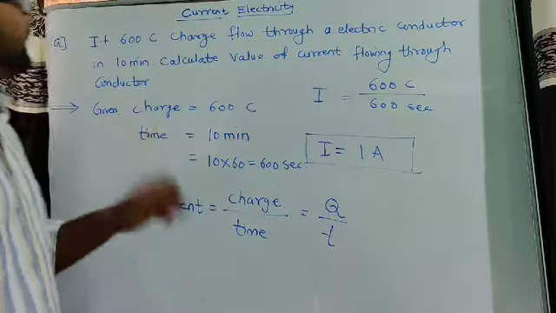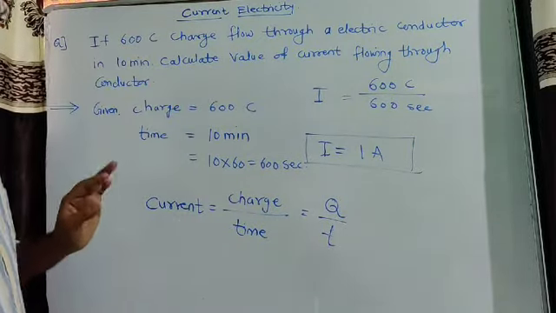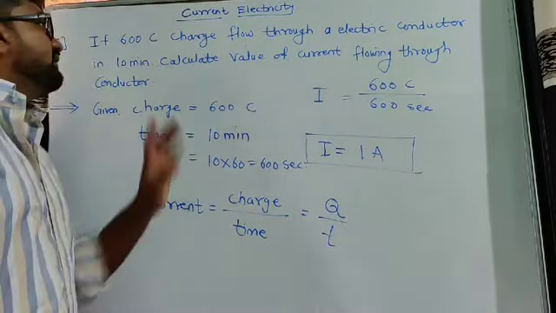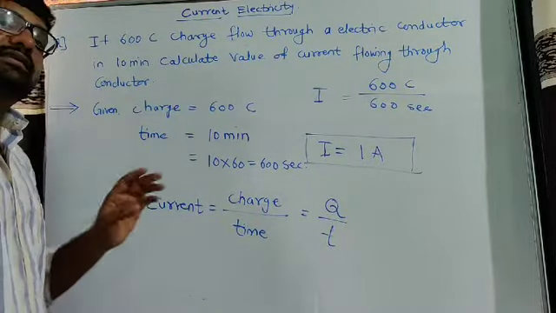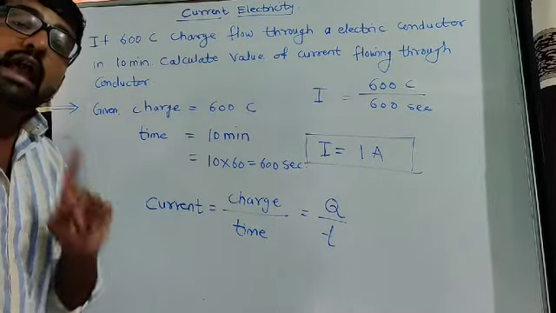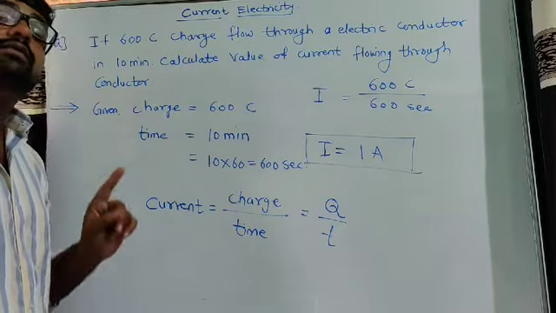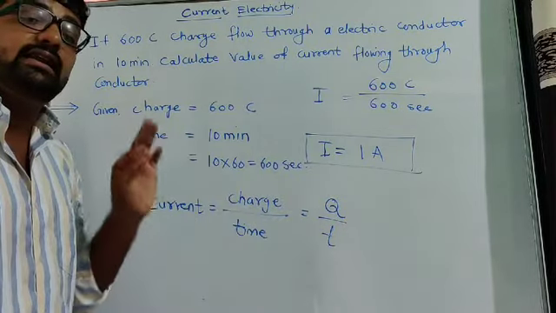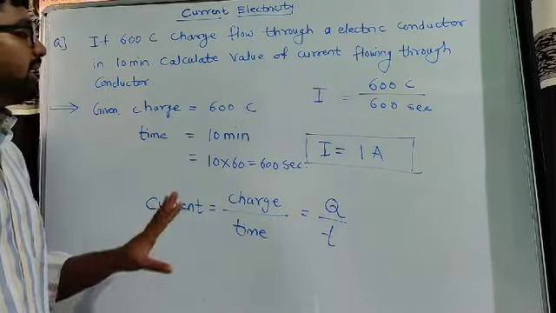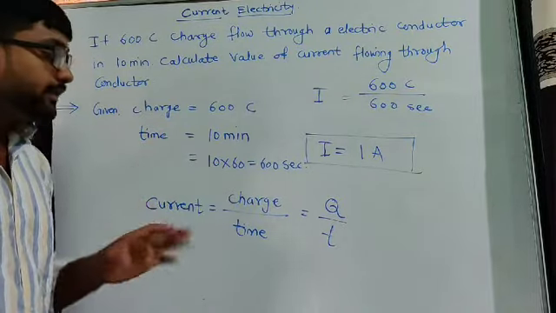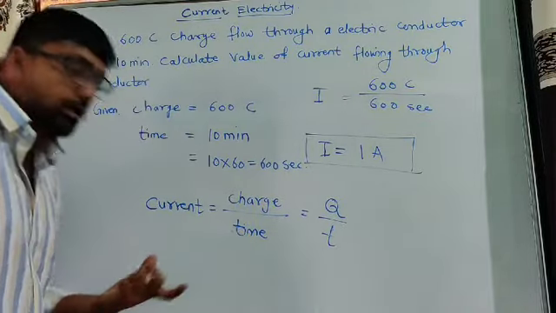Ampere. So if 600 coulomb charge flows through an electric conductor in 10 minutes, it means 1 ampere current is flowing through that electric conductor. Okay, it is an easy problem, but we should know this formula.